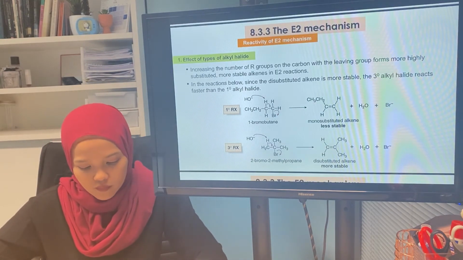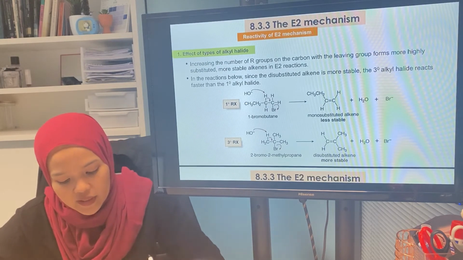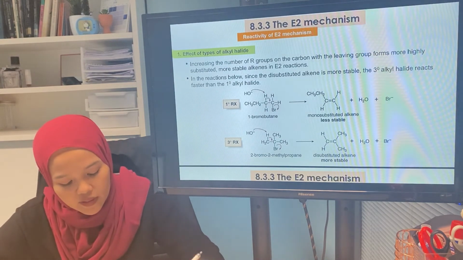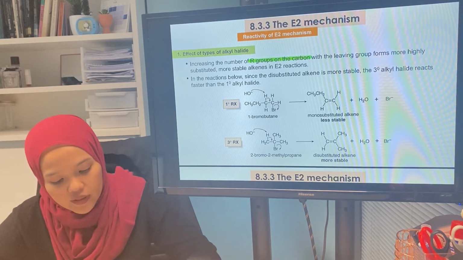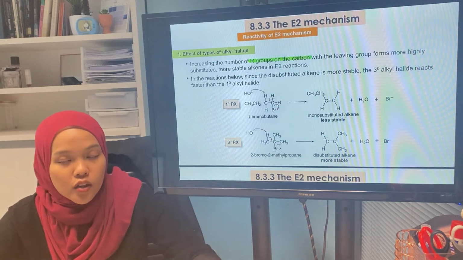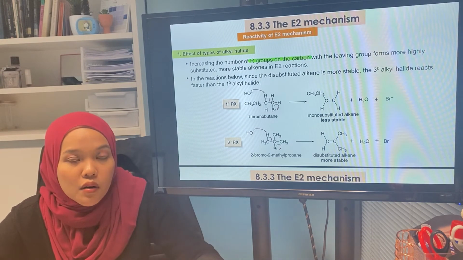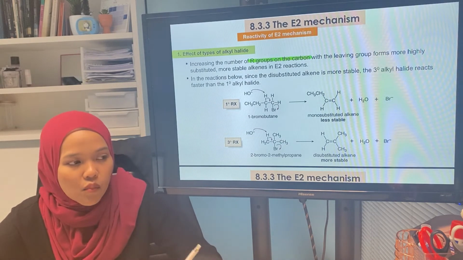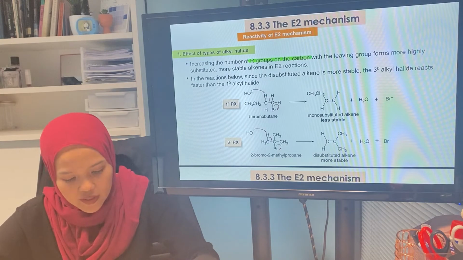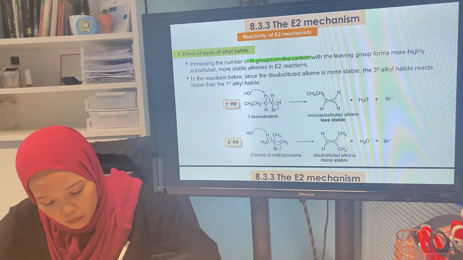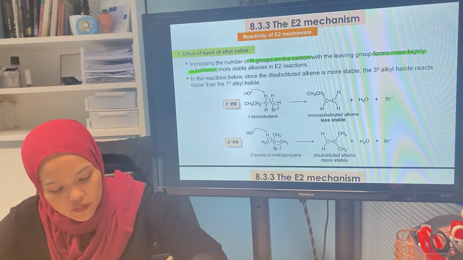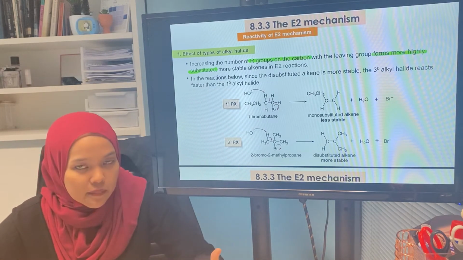So what happens is that in the E2 mechanism, if you increase the R groups on the carbon with the leaving group, meaning you are increasing the number of beta carbons, then you are going to form a more highly substituted, or more stable alkene.